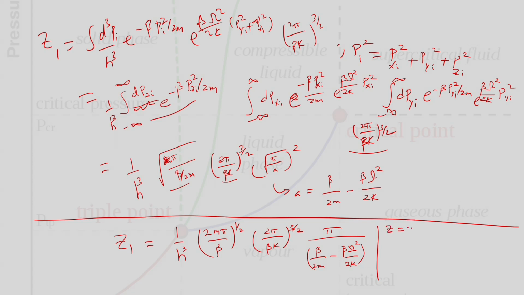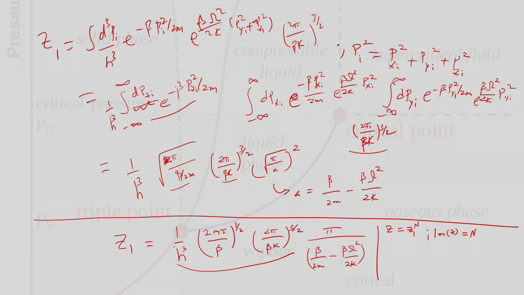So z is nothing but z1 raised to n, and ln z is n times ln of this. Notice that I am going to think of beta omega as beta times omega. So I am differentiating with respect to omega and then multiplying by beta. So basically I have to differentiate with respect to beta, and for that purpose this is irrelevant.